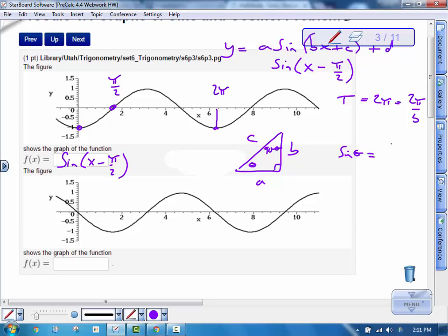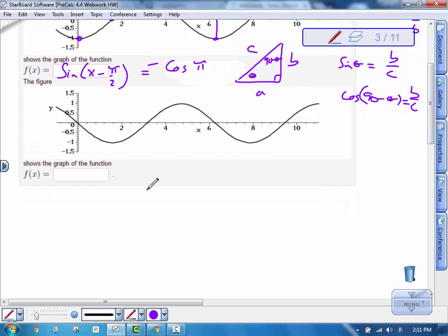The sine of theta is opposite over hypotenuse, which is b over c. Well, the cosine of 90 minus theta is adjacent over hypotenuse, which is also b over c. It turns out that sine and cosine are just complementary. Sine of one angle is the same as the cosine of 90 minus that angle. And that's exactly what we have here. So this is just cosine of x, and negative in this case, so it starts off at negative 1.